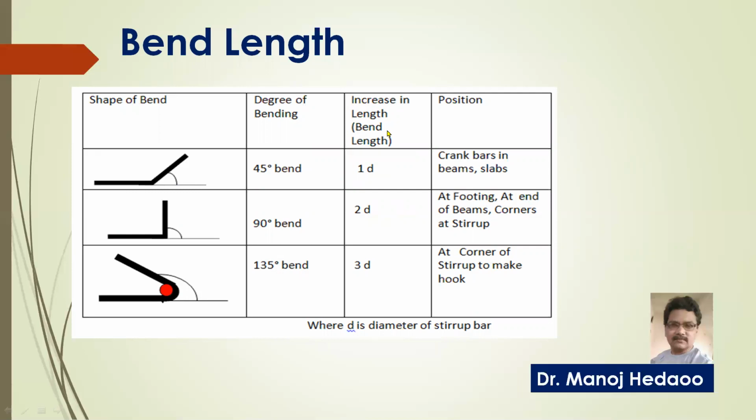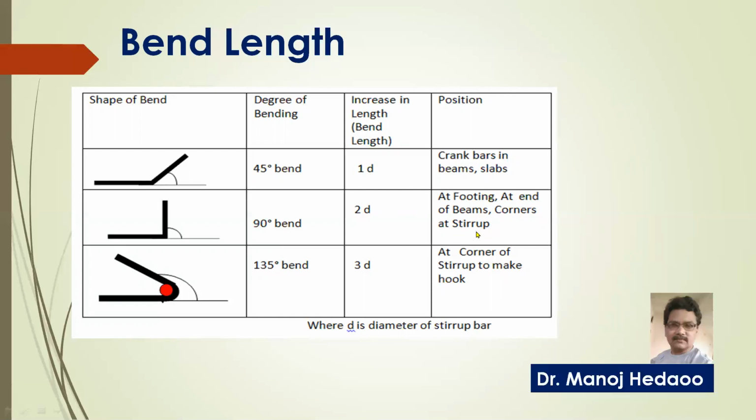Here increase in length, that is bend length, is 1d. They are provided at crank bars, in beams and slabs. This another is bend at 90-degree. Here increase in length is 2d. Where these bars are provided? At footing, at the end of column or at the end of beams and corner of stirrups.